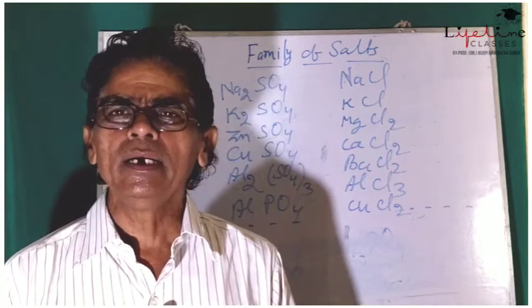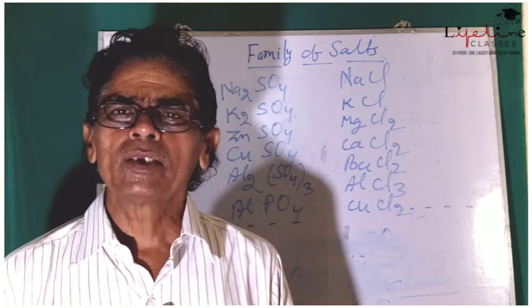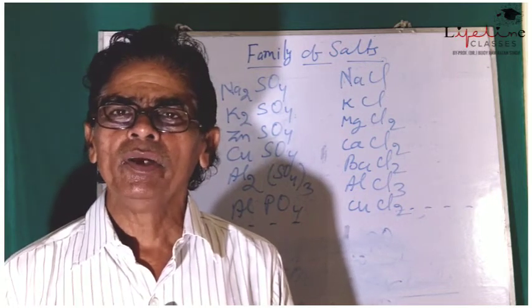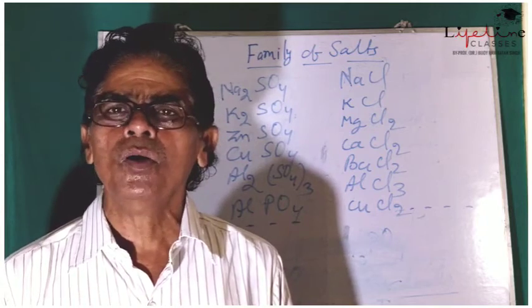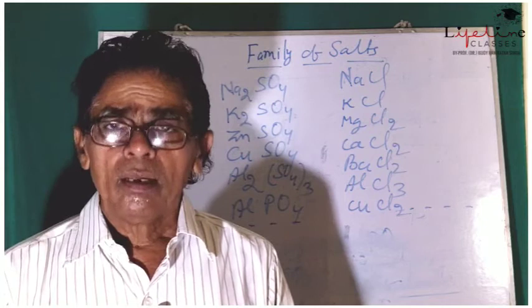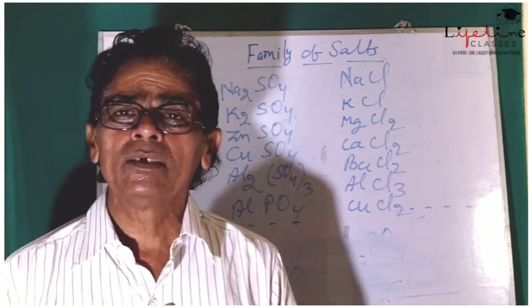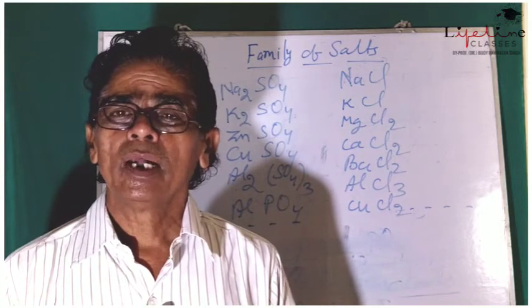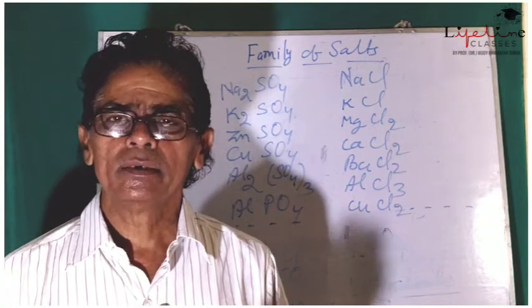So a strong base and weak acids, just like the strong base NaOH and the weak acid acetic acid, CH3COOH. When these two react together, they form the resultant product, that is sodium acetate.